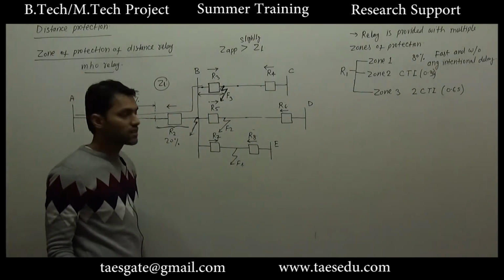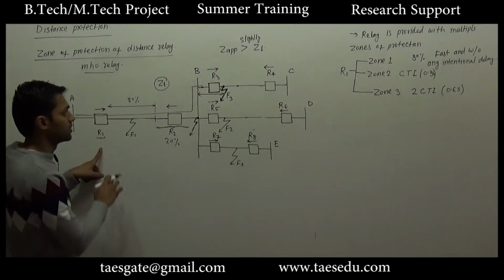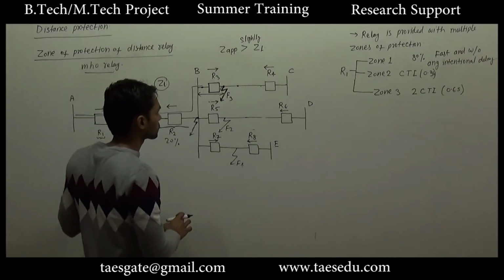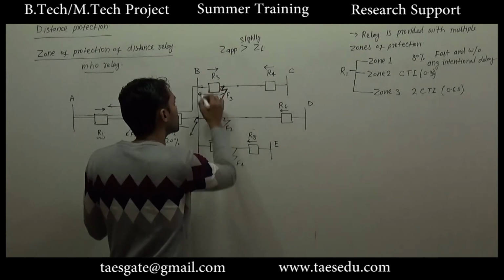As we discussed in the case of zone 2 protection, that zone 2 protection of relay 1 does not provide backup protection for the whole remote line.